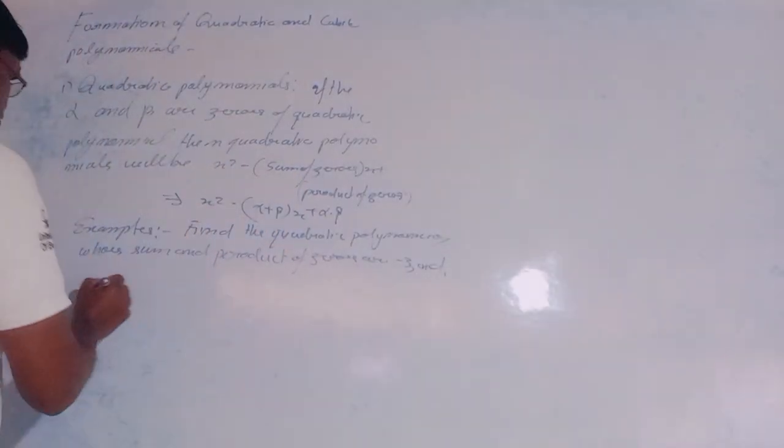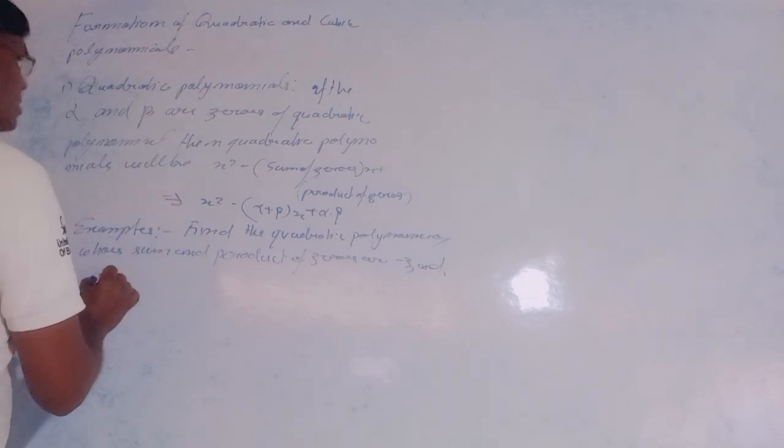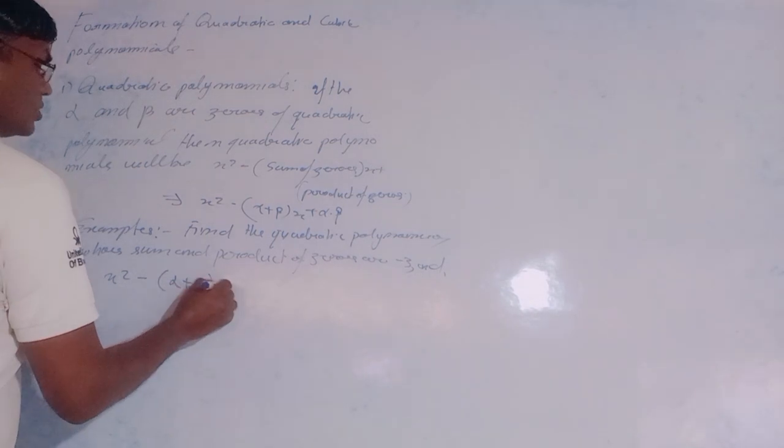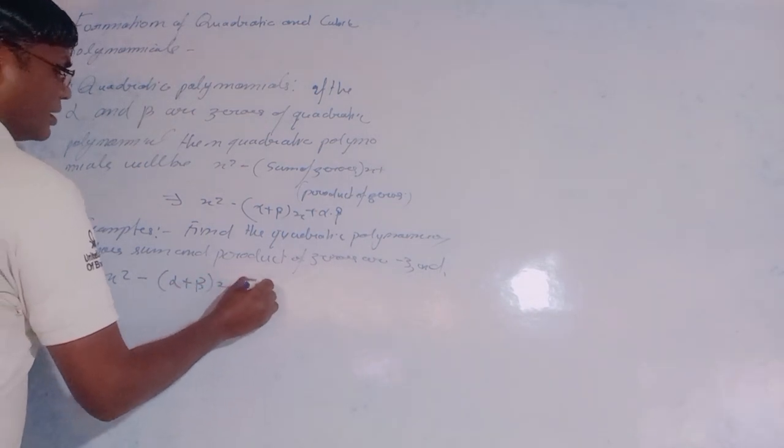Then how will we solve this question? We note the formula: x square minus (alpha plus beta) into x plus alpha beta.